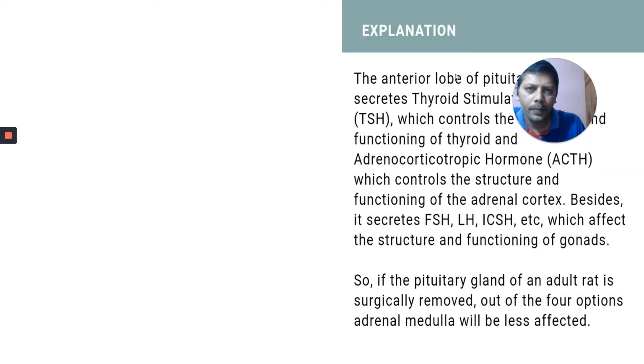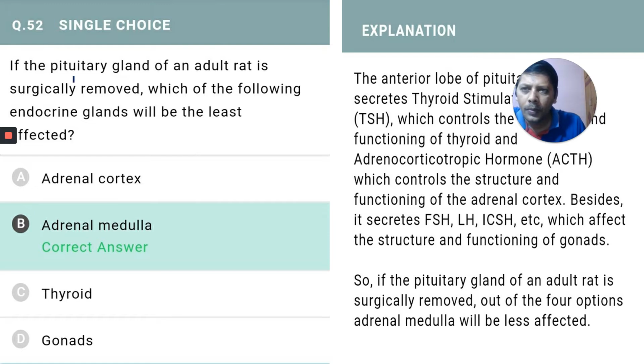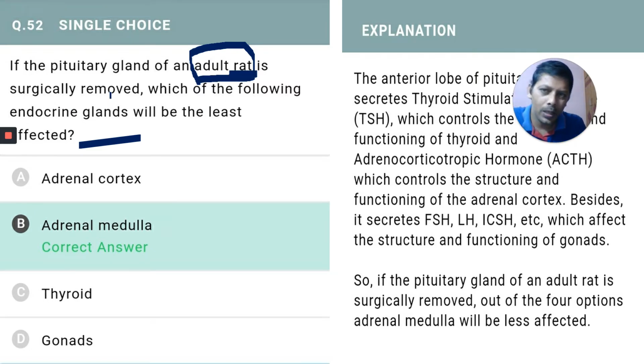The next one: if the pituitary gland of an adult rat, a mammal, is surgically removed, which of the following endocrine glands will be the least affected?